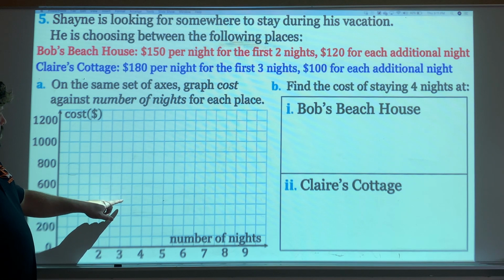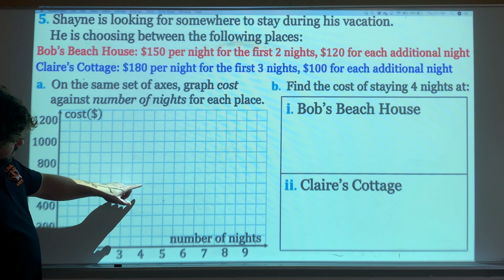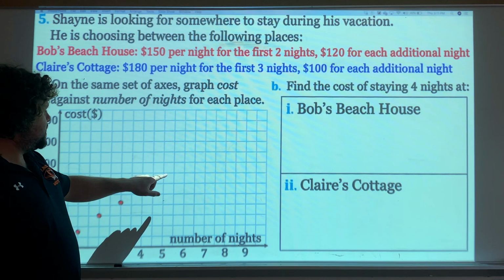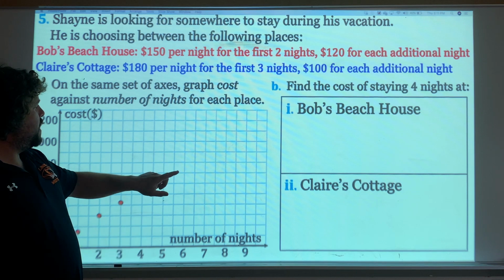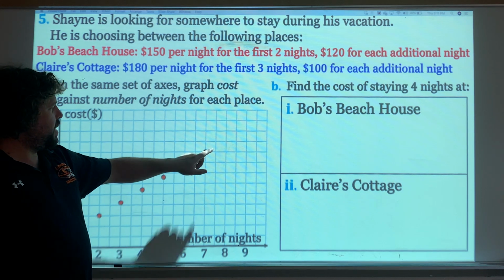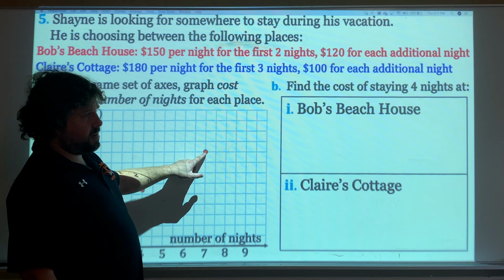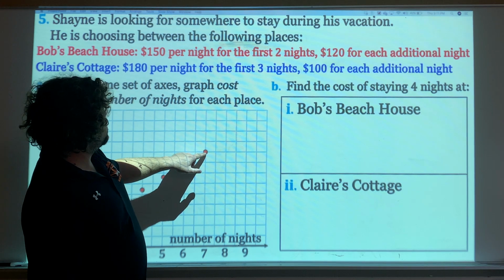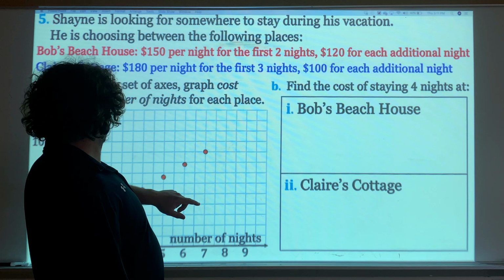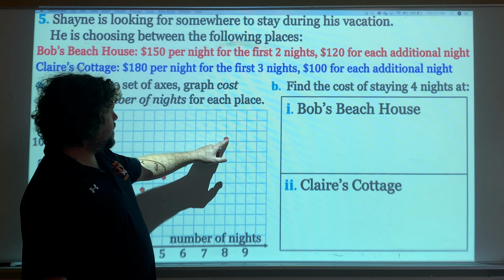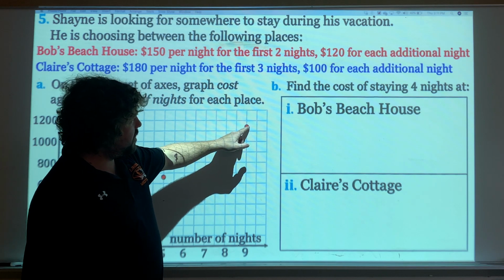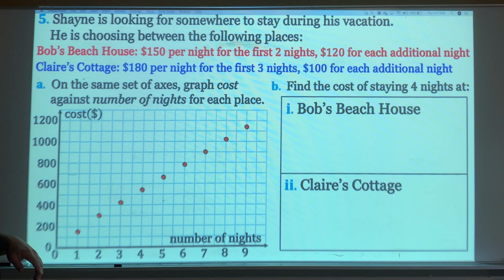So 300 plus 120 is 420, 540, 660, 780, 900. How many nights do you want to do this for? 1,020, and then 1,140. So that's a pretty good one.